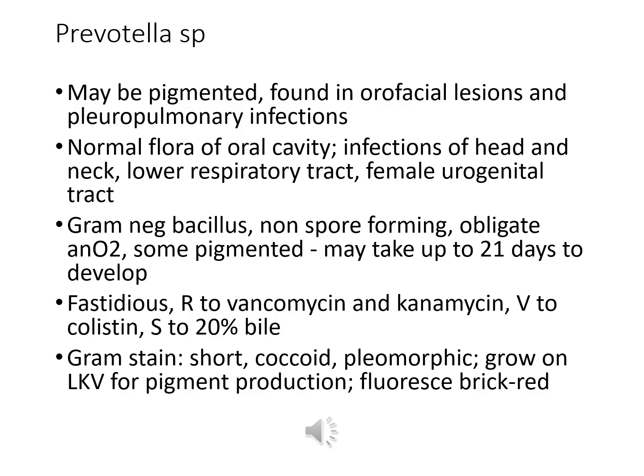It's an obligate anaerobe. Some pigment, but it may take up to 21 days for that to actually develop. It's a fastidious grower, so it's a picky eater. It's resistant to vancomycin and kanamycin. It has a variable response to colistin, and it is susceptible to 20% bile.